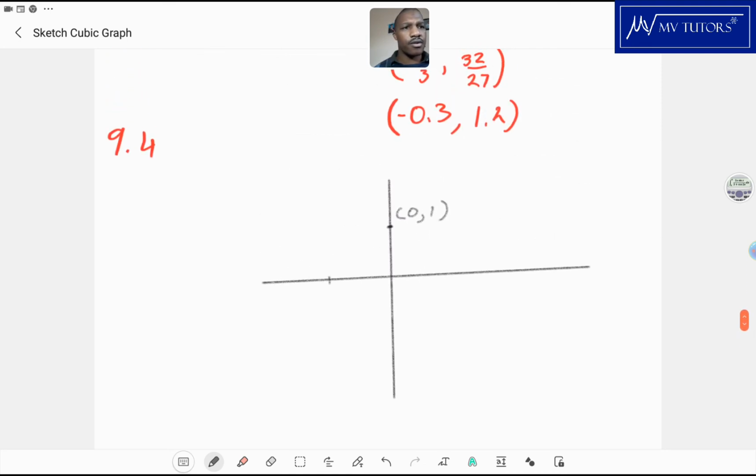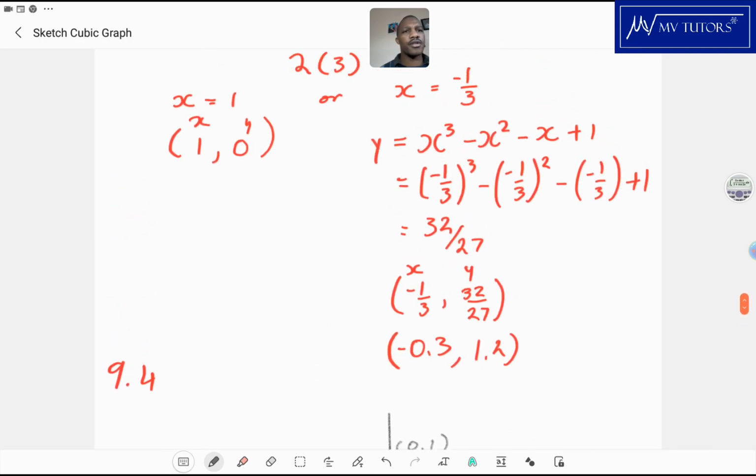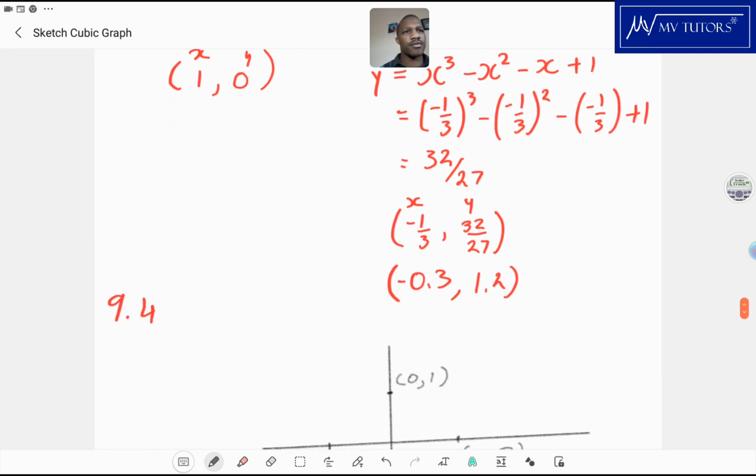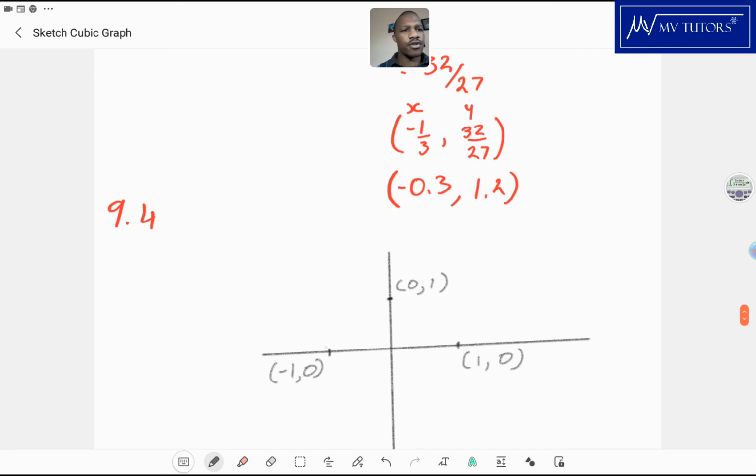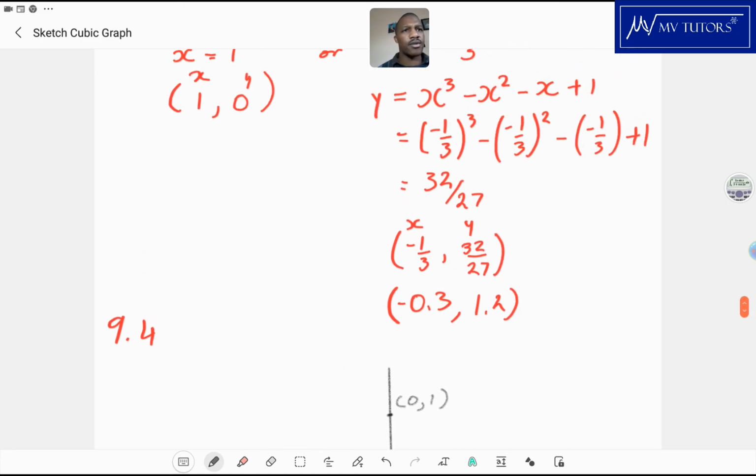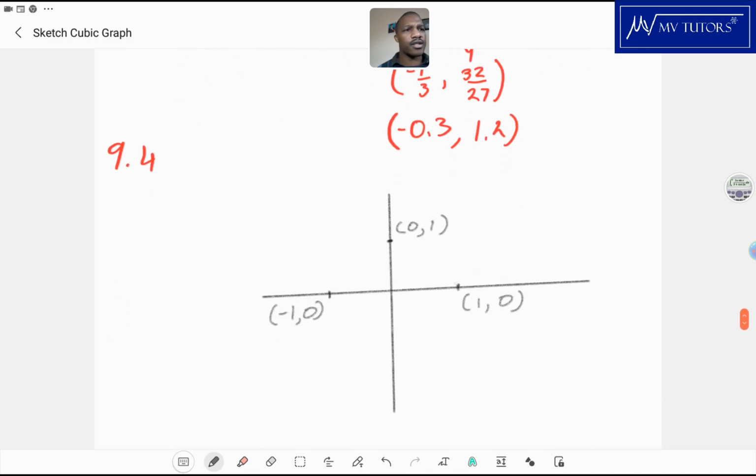Okay, so I know here it is -1 and 0. Okay, and over here I'm gonna have 1 and 0. Okay, and then for my turning points, my first turning point here, wait a minute, no, it's at 1 and 0.